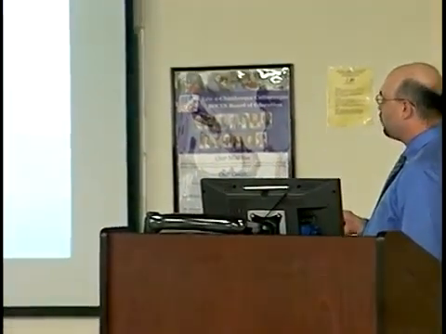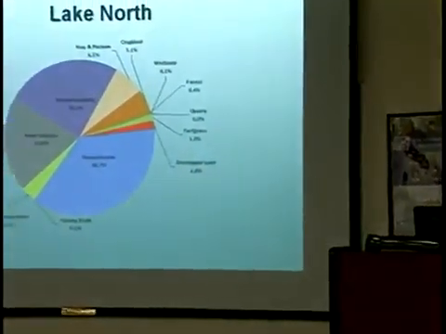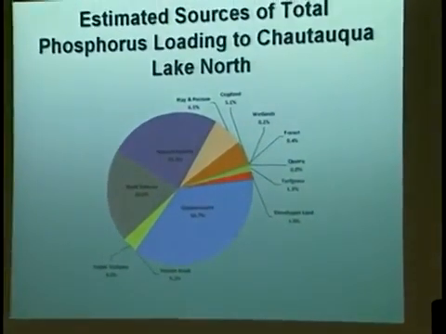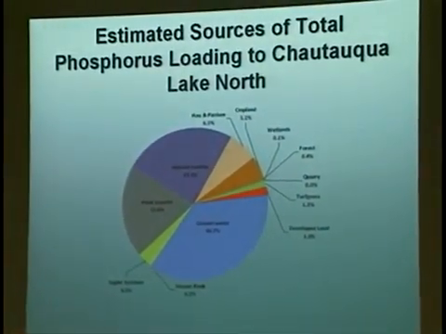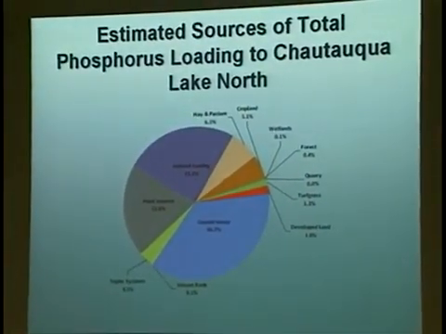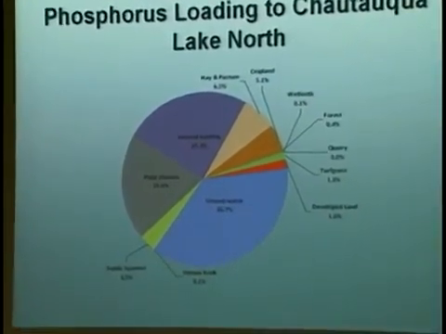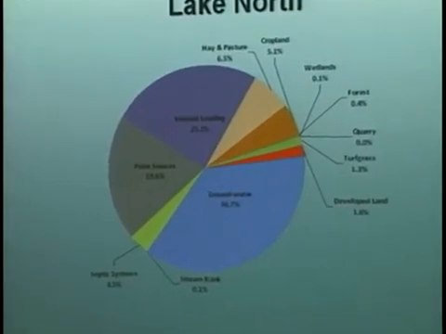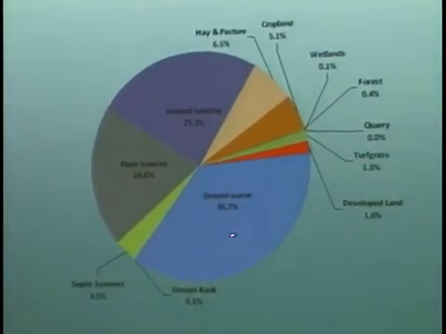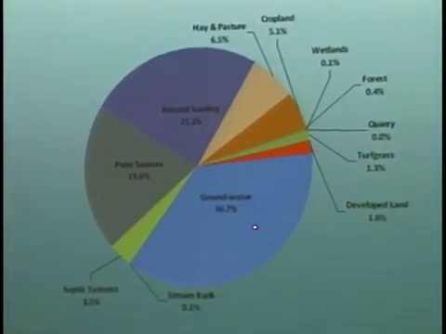Here are the estimated sources of total phosphorus loading to the North Lake. I want to point out this groundwater is inclusive of not just groundwater. It's a lumping of agricultural to groundwater as well as urban to groundwater. Bill, is that correctly stated? Yes, that's the lump right there. Other is 36.7%.